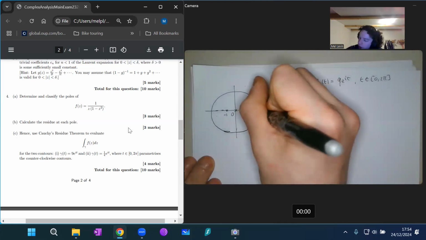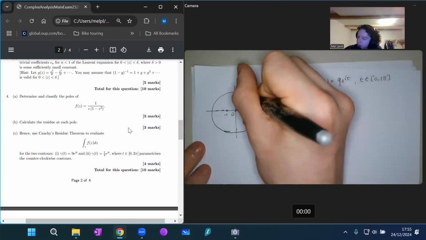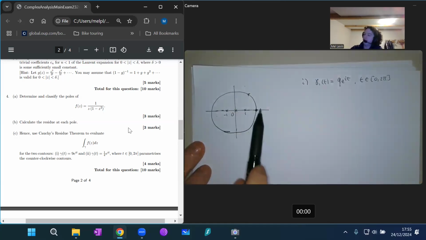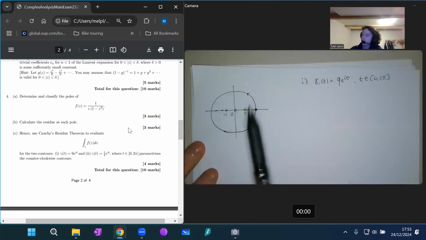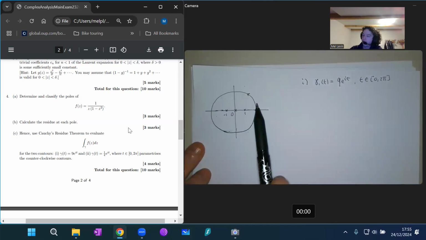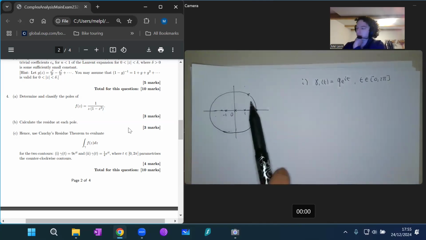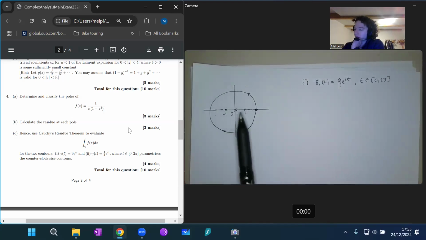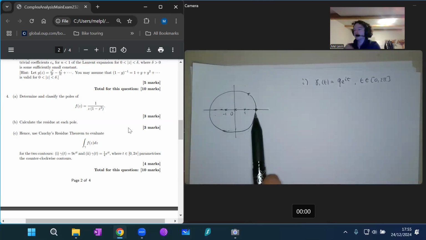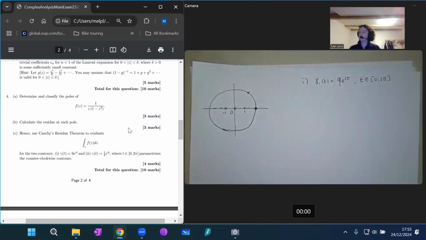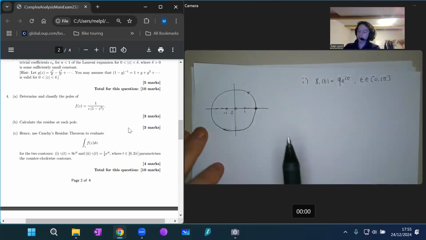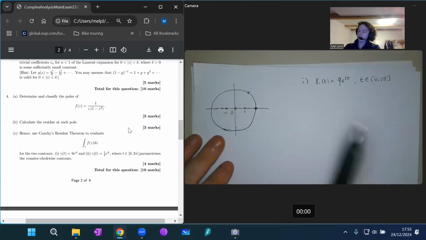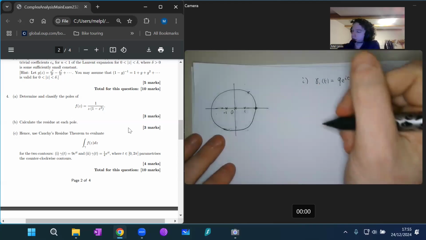It starts and ends here and runs anti-clockwise. It's closed and goes around once, so it's a simple positively oriented closed contour. And it contains inside of it the 3 singularities.